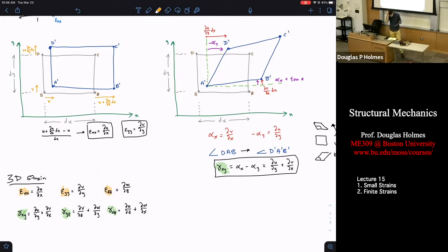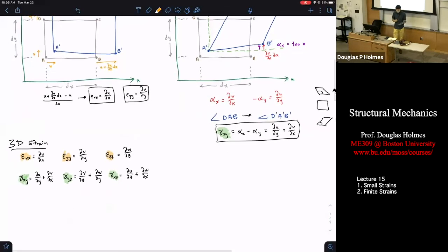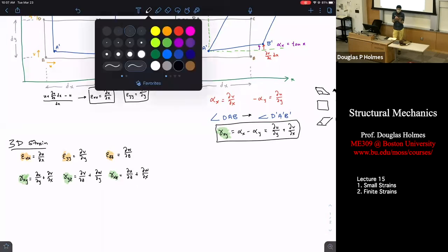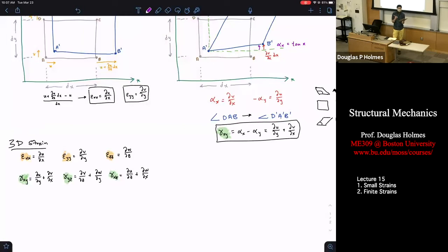Well, the short answer is we say that our epsilons are equal to 1/2 of our gammas. And I could tell you why, but it basically has to come back to a shorthand way of writing notation.